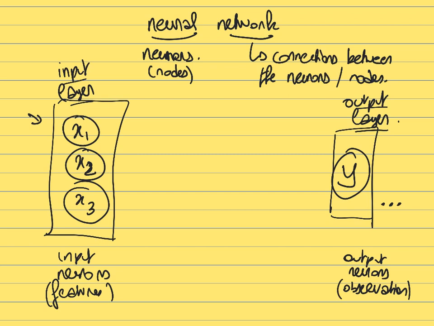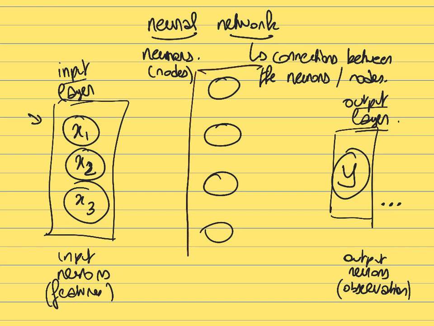And in between, you want your network to find a way to map the input to the output. The way this is going to work in an artificial neural network is that you will have some additional neurons within an additional layer that we call the hidden layer. It's a hidden layer because it's a layer of neurons that are hidden from the user. When you look at the model, you provide the model an input, which is the features, and it provides you an output, which is the observation.